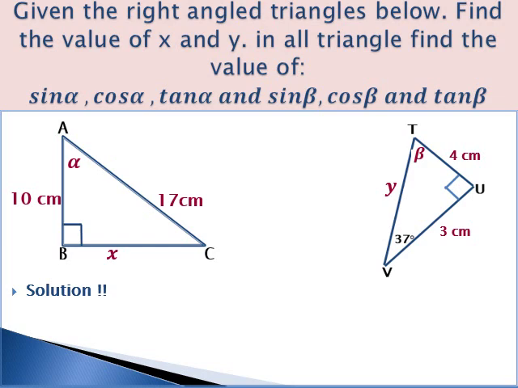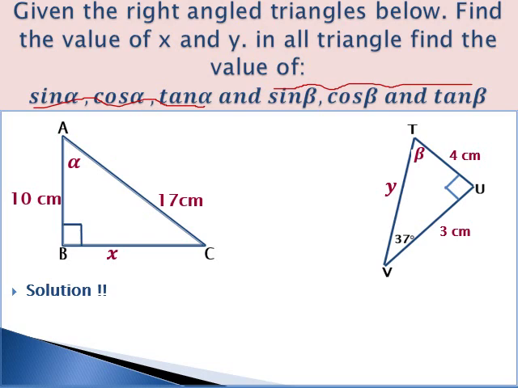Now I want you guys to realize something. This is how I'm going to do things. I'm going to do the sine, cos alpha, and tan alpha. Then you will do the last three. I'm just going to show you how it is done first.